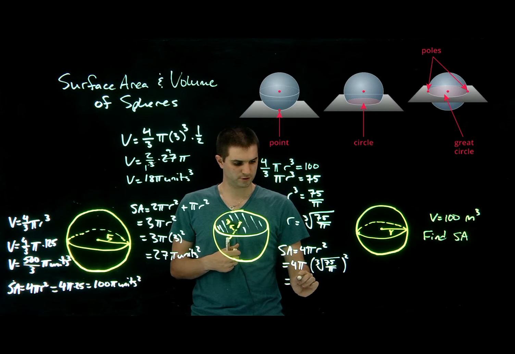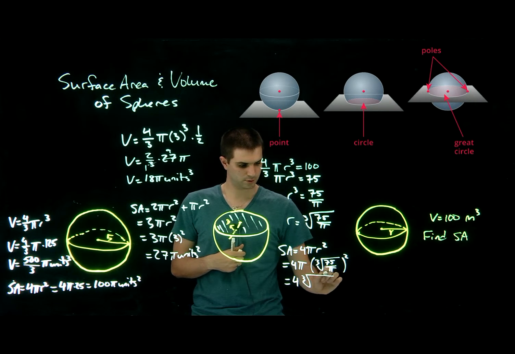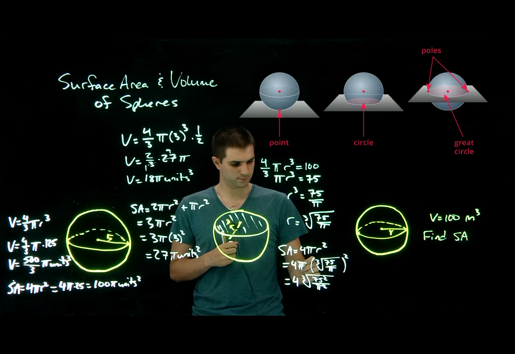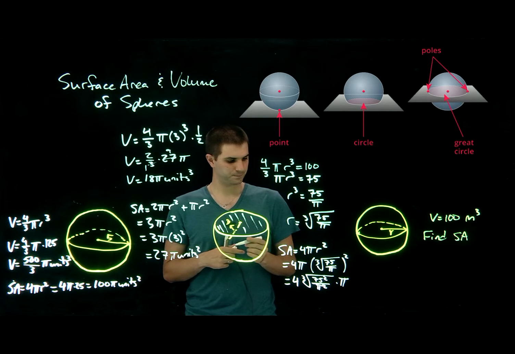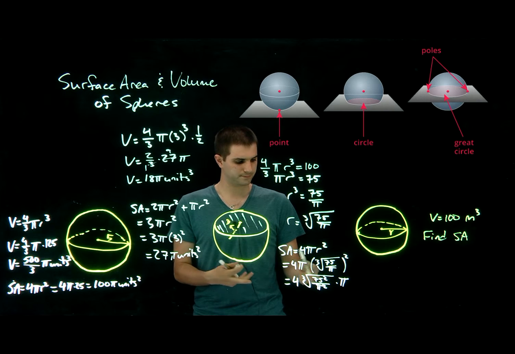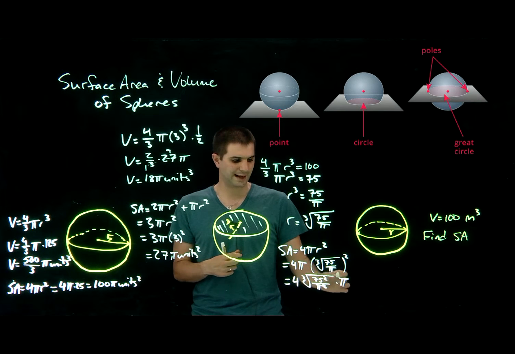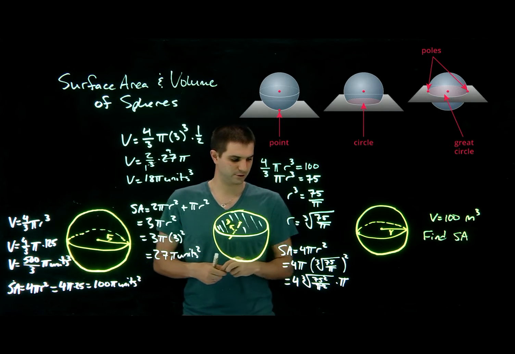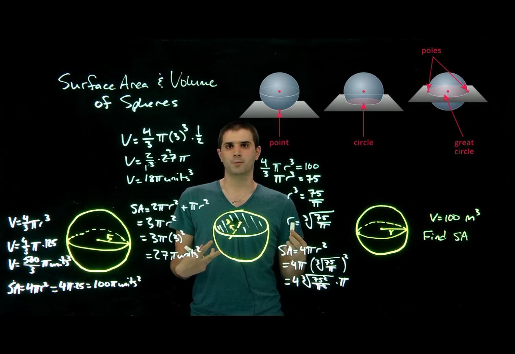So this is going to be 4 times the cube root of 75 squared divided by pi squared, times pi. You can put that in your calculator. This looks pretty nasty here, but when you put it in your calculator, you get a much more manageable number. But for now, we can leave our answer like this, and that'll be sufficient for the purposes of this video.